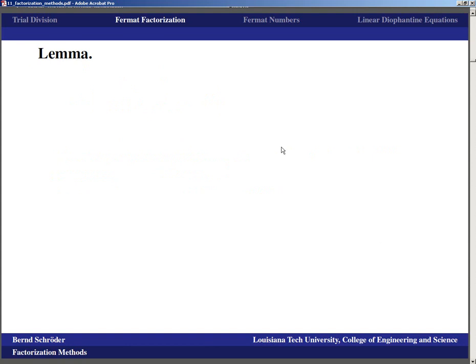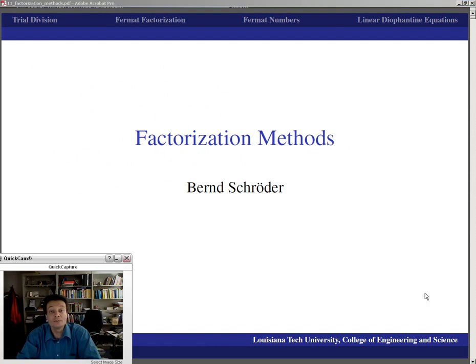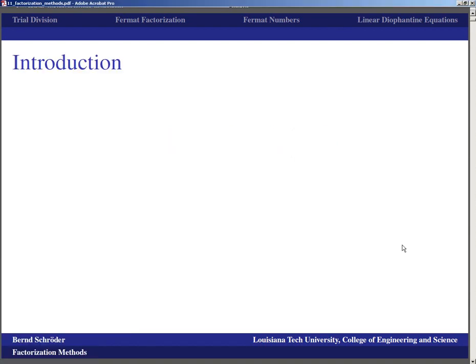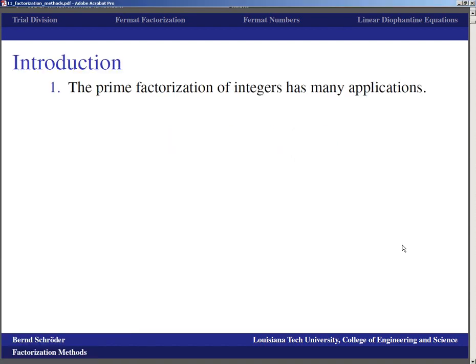Okay, so how can we guess the factors in a more structured fashion? We've seen now that the prime factorization certainly is useful, and so we ought to start thinking about how to find it.